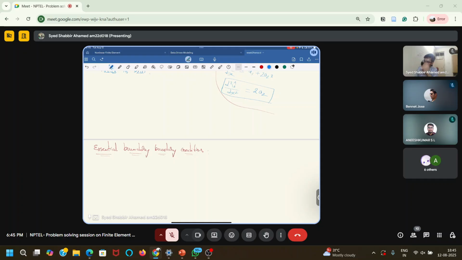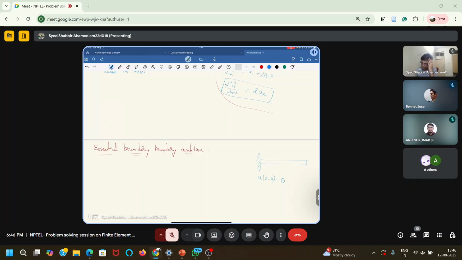Let's say your bar is fixed on one end. So u of x equals 0 is equal to 0. At x equals 0, the displacement or the deformation of the bar is 0.